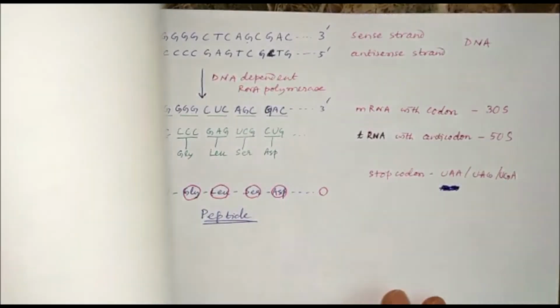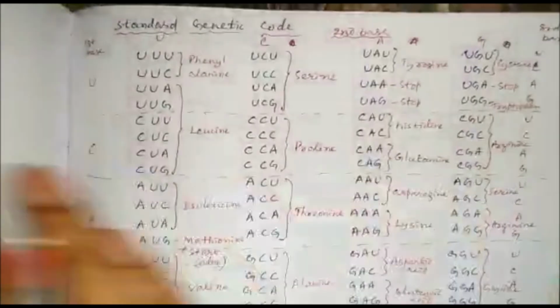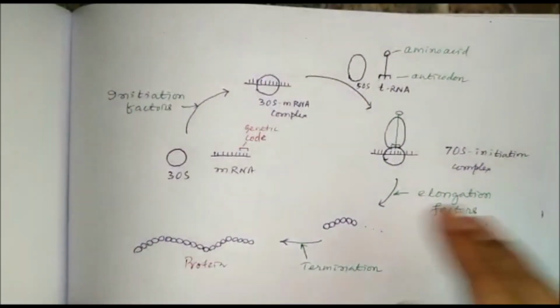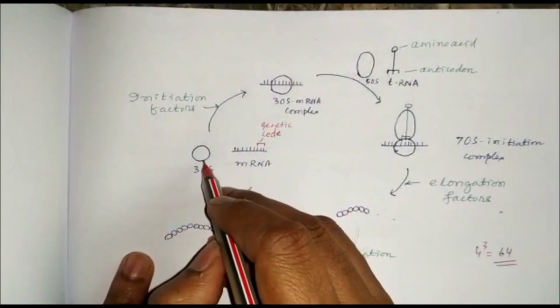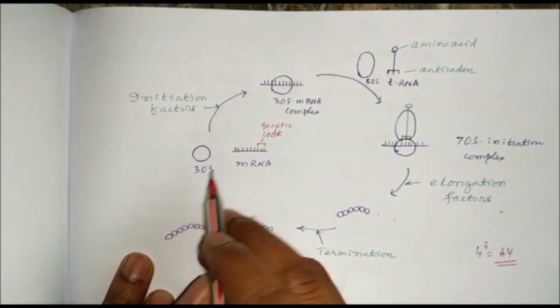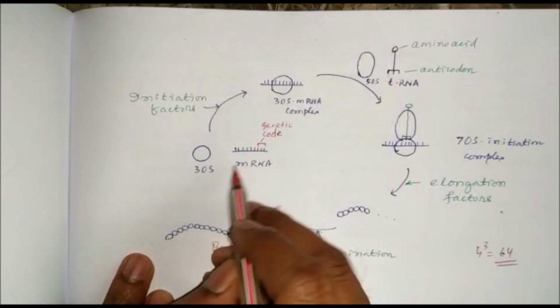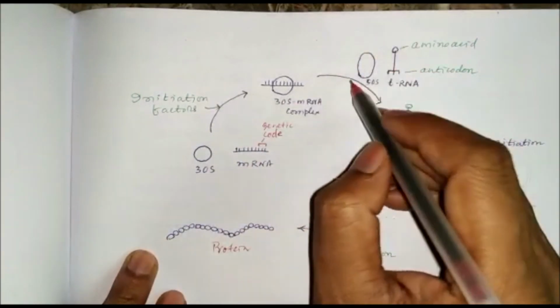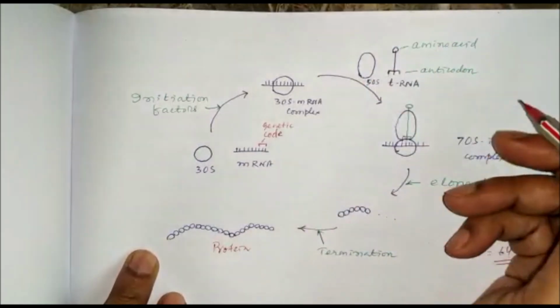Suppose in bacteria we want to inhibit protein synthesis. Then we have to selectively target the 30S subunit, so that 30S mRNA complex formation will not occur, or we can target the 50S subunit so that 50S tRNA binding will not occur.